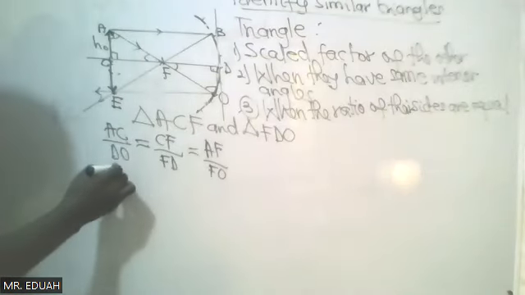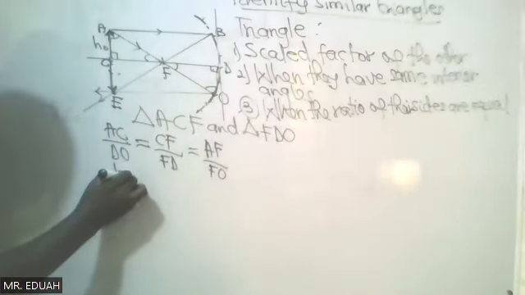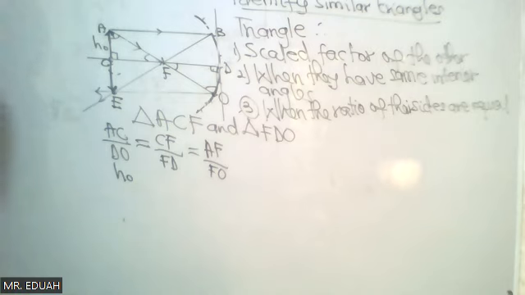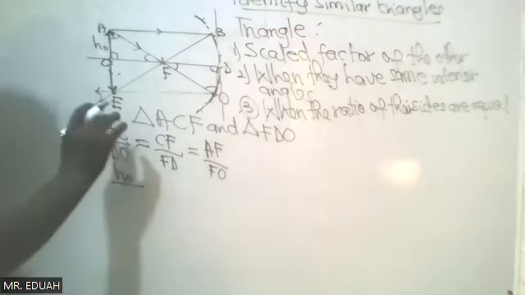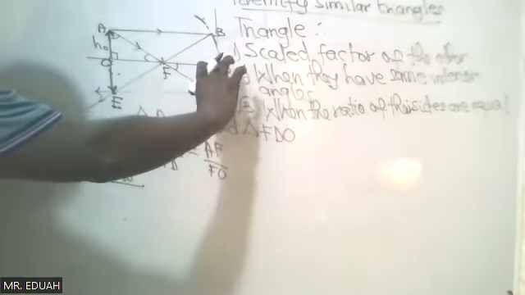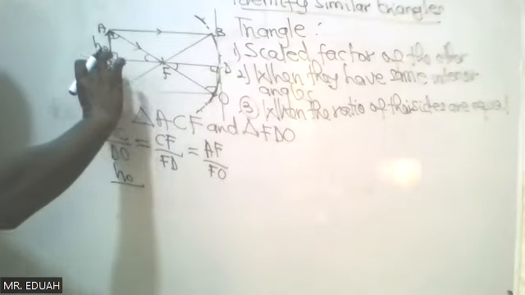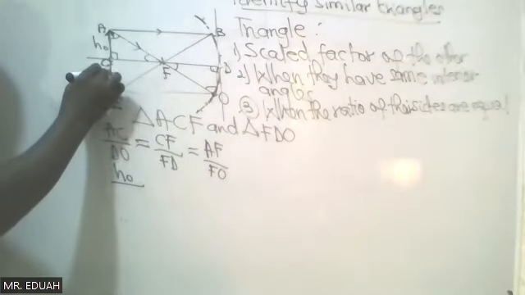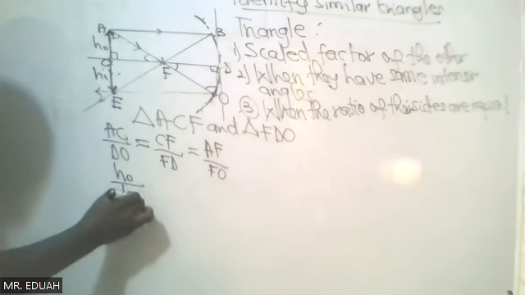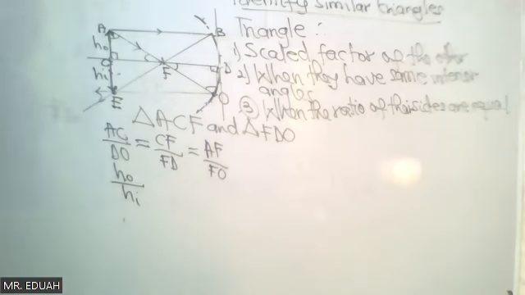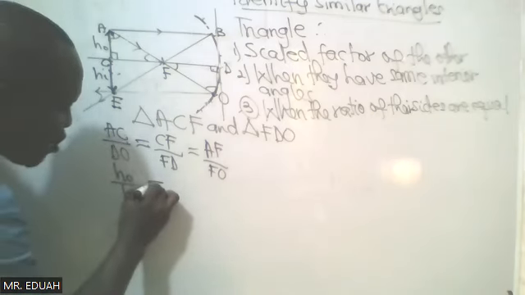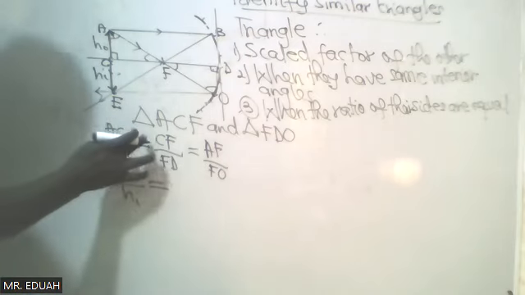So AC, which is H subscript O, over DO, which is actually CE. CE is the image height, HI. This must be equal to CF.